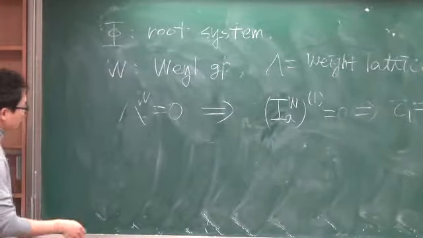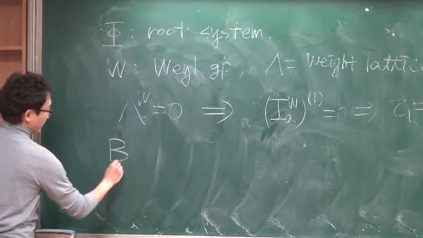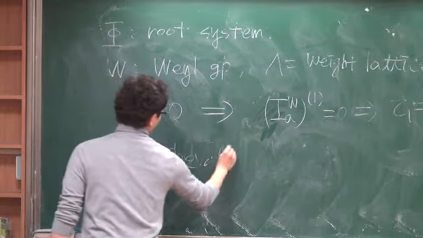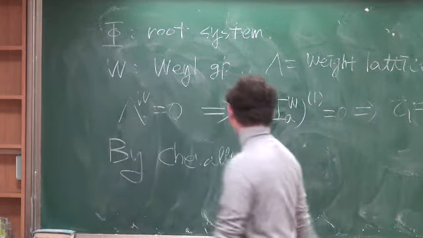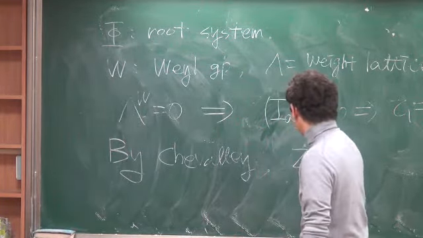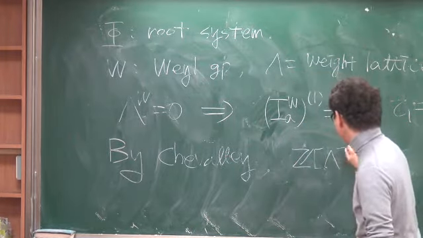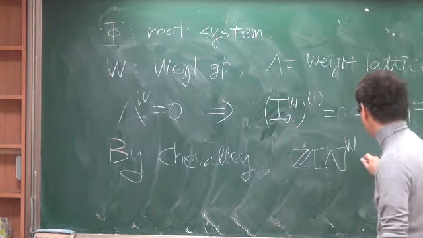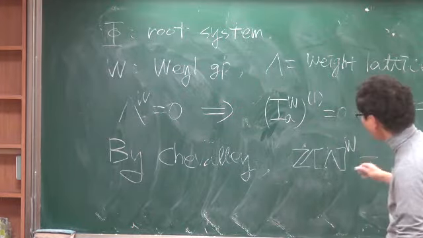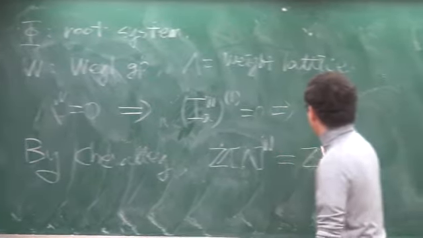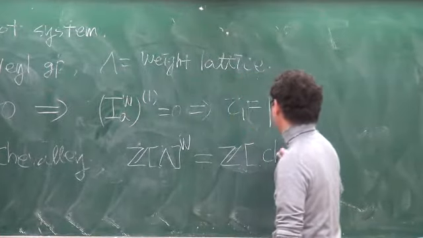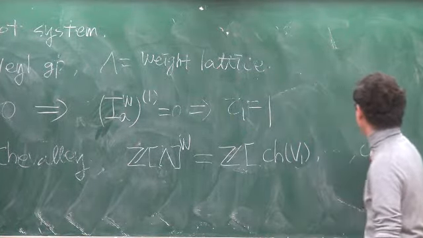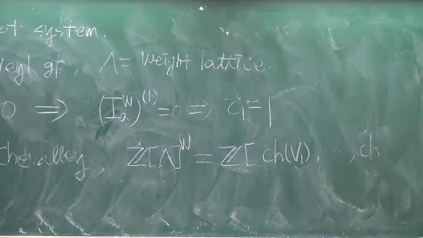And in general, by Chevalley, in this case the W-invariant group ring is a polynomial ring in the characters of fundamental representations.